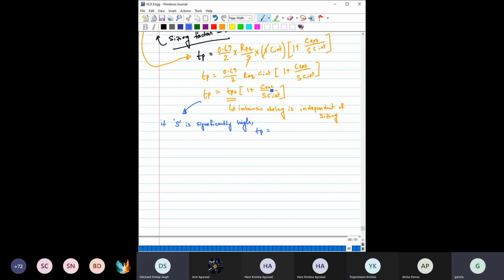Then this factor, 1 plus C external by S C internal, may be less than 1. Then in that case, you can possibly get Tp nearly equal to Tp naught. That means the total propagation delay would now be equivalent to that of its intrinsic delay.